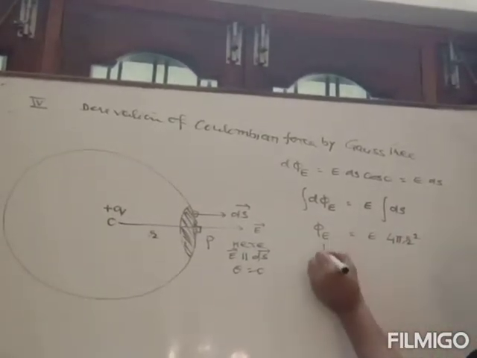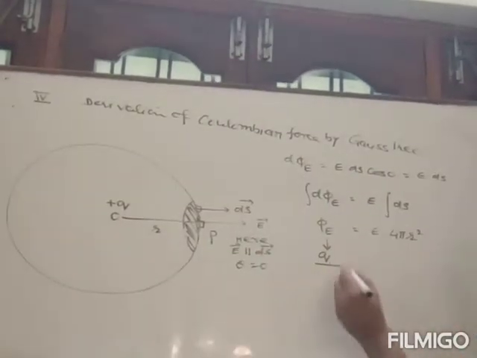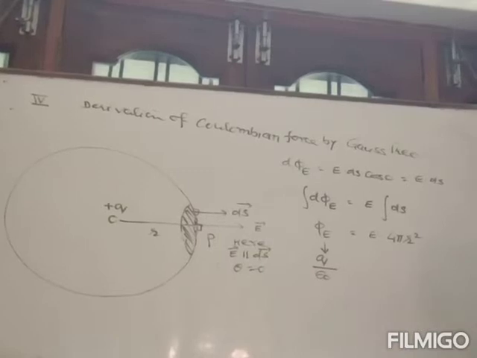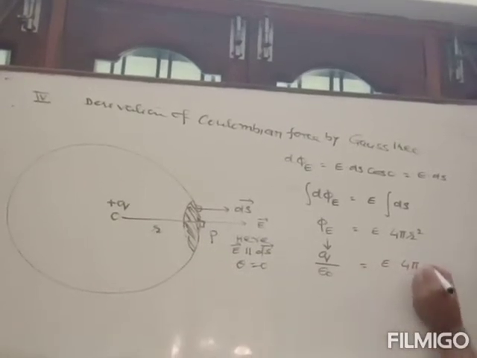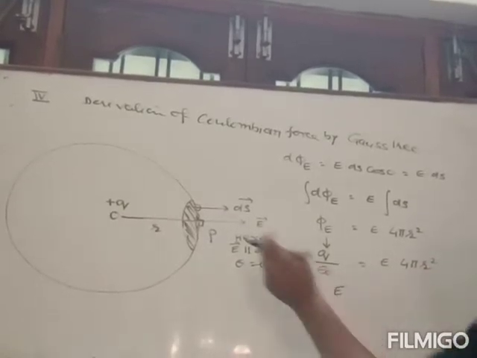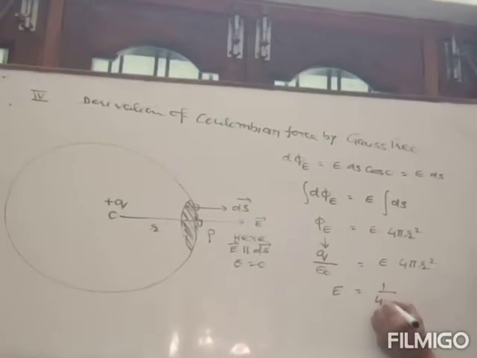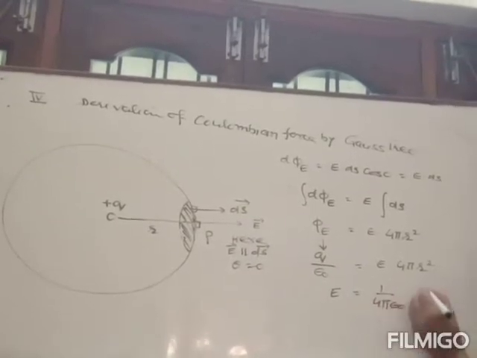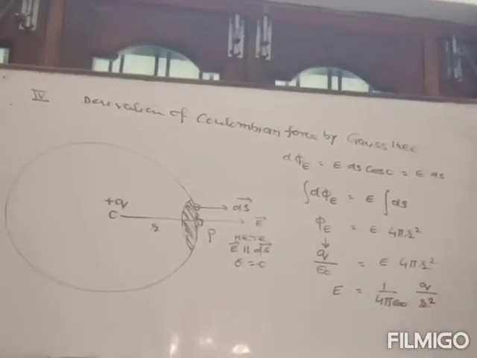But by Gauss theorem, as you know, phi E is equal to net charge enclosed inside the Gaussian surface by epsilon 0, that is q by epsilon 0. It is equal to E into 4 pi r square. Therefore, intensity at point P is equal to 1 upon 4 pi epsilon 0 times q by r square.